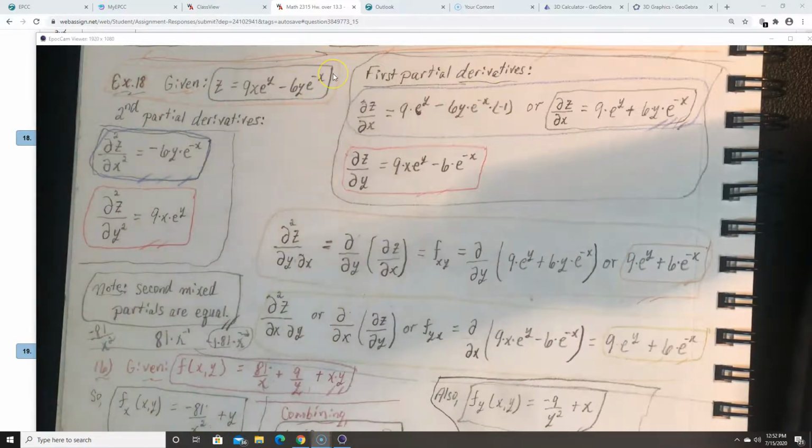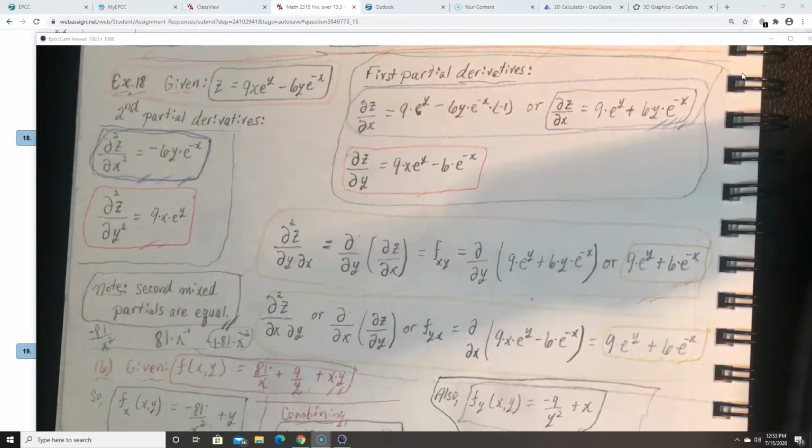And the derivative of negative x with respect to x is negative 1. So that's this. This can clean up a little bit. 9 e to the y is 9 e to the y. This negative 6 times this negative 1 is plus 6y e to the negative x. You can switch this around if you want. So there's our partial derivative with respect to x.